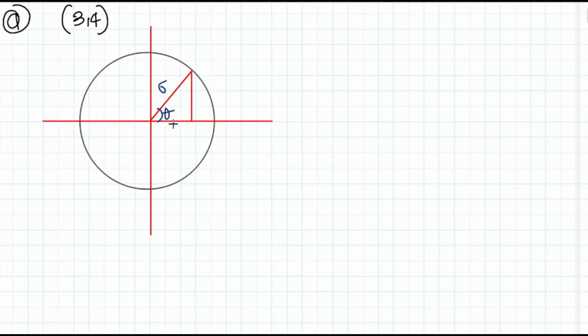This can be given as x, y, so this is x and this is y. So x will be equal to 3 and y will be equal to 4, and of course we have our triangle now.